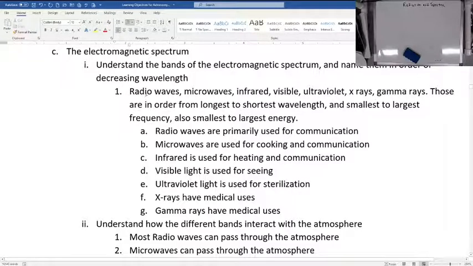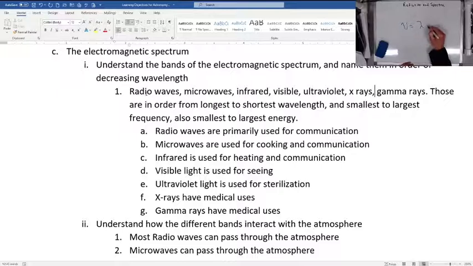If you remember, I'll just write this over here since it's in the corner of the screen. We said the speed is equal to the wavelength times the frequency. Well, they all have the same speed, right? All light travels at the same speed, at least in a vacuum. That means if your wavelength is longer, your frequency has to be smaller so that you get the same velocity.